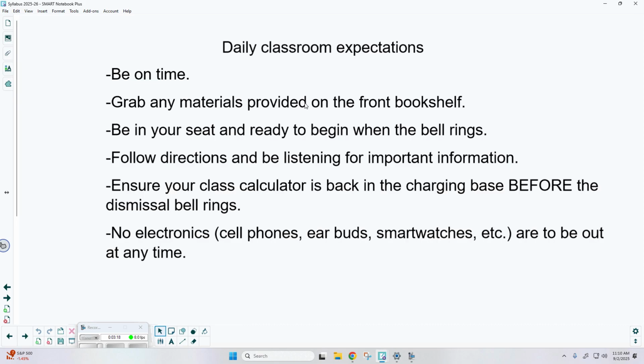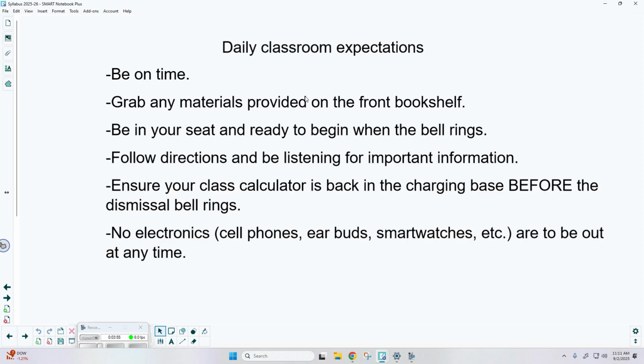I've got scrap paper up here if anybody would like to grab some. Scrap paper over there.